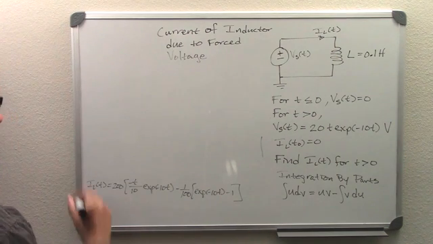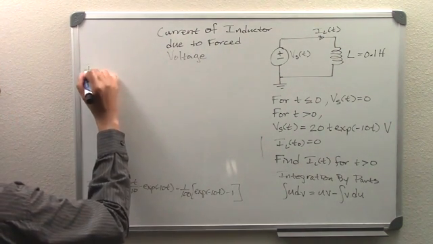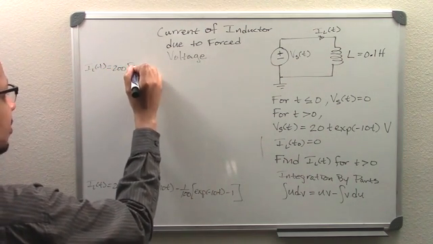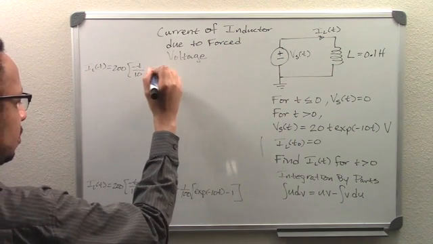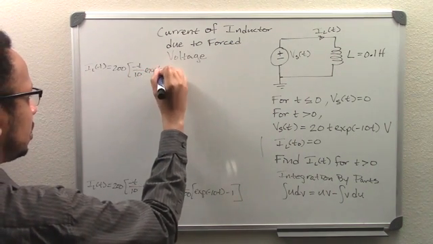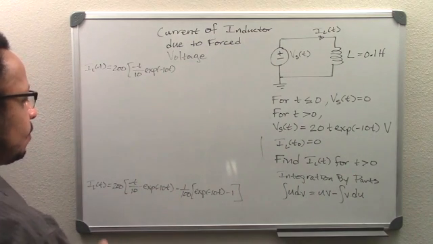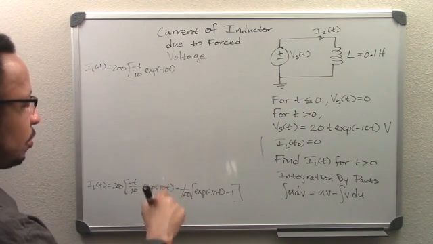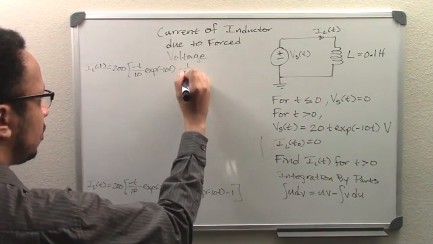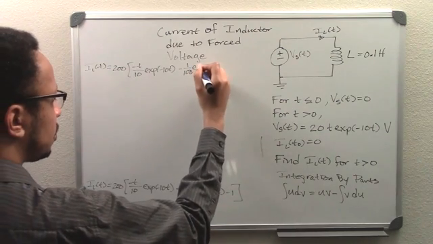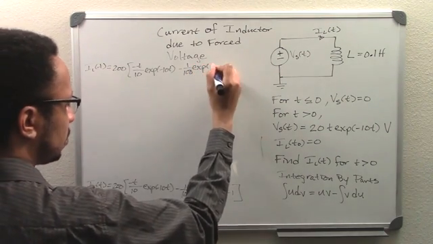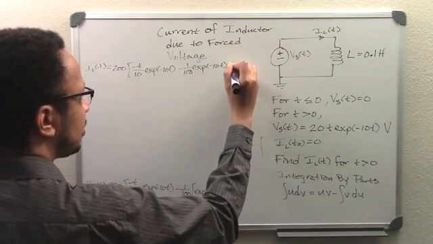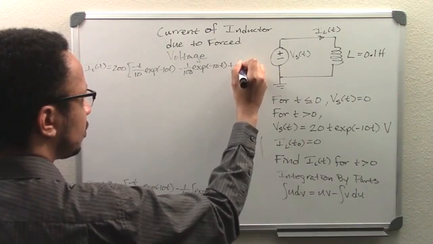So now, iL of t equals 200 times negative t over 10 exponential negative 10t, and we'll distribute that negative 1 over 100, so we get negative 1 over 100 exponential negative 10t plus 1 over 100.